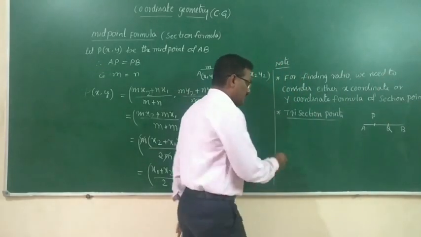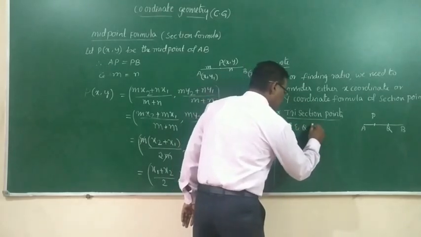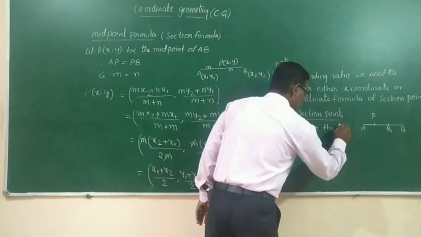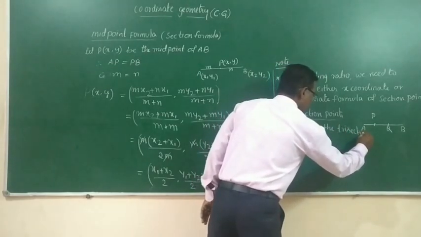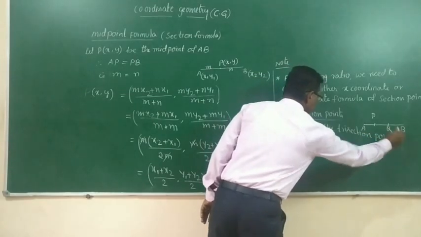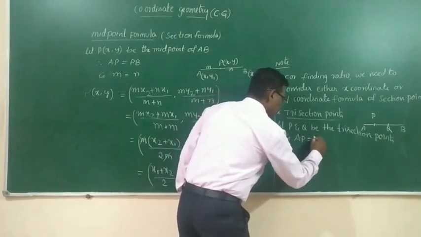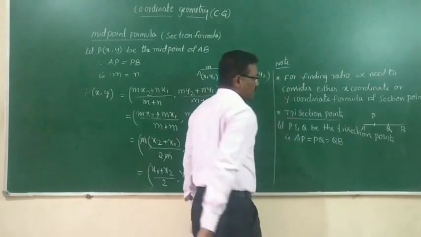That's very important. Here, let P and Q be the trisection points. That is AP is equal to PQ is equal to QB, which are all equal.